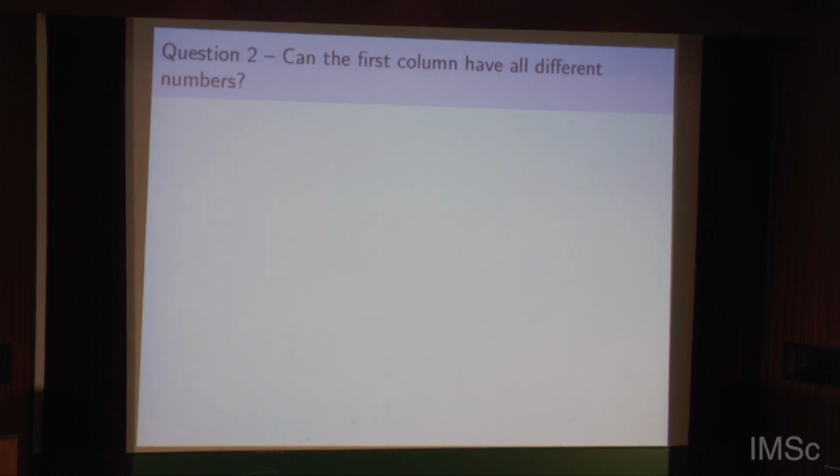So now I'm going to question number 2. Here we wanted the first column to have all numbers the same. That's what we worked out. Now I have a different question. Can you design a fixture so that at the end of some day, everybody has played a different number of games? I'm not asking every time, just some day, right? And let's make life simple.